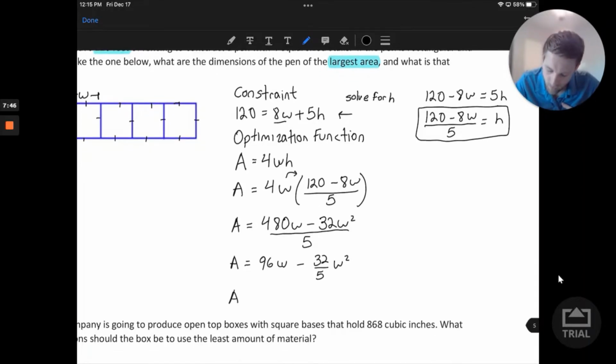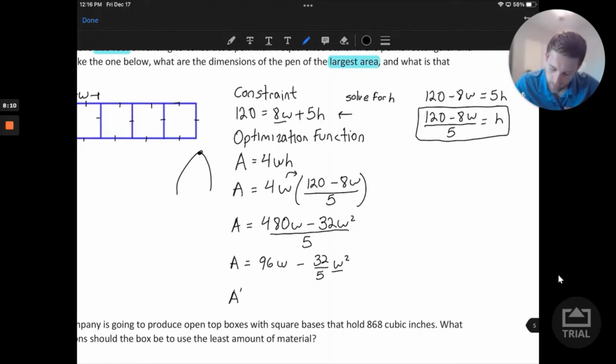We'll have A prime as our derivative here. And again, the reason why we're taking a derivative is we'd like to see where this function, this A function, has a maximum value. We can see that this is going to have the shape of a downward facing parabola, and so we will have a peak point. It's going to happen on the vertex, so we can consider that as our maximum.